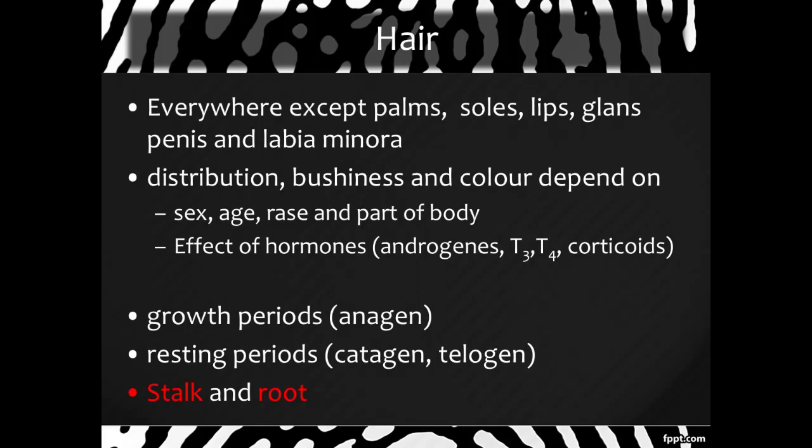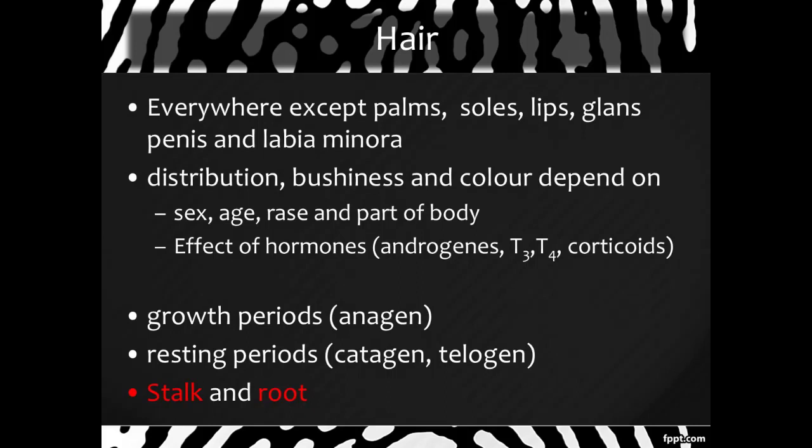Let's start with hair. Hair covers almost the entire body surface except the palms, soles, lips, glans, penis, clitoris, and labia minora. Their distribution is strongly influenced by sex hormones, age, race, and of course the part of the body.